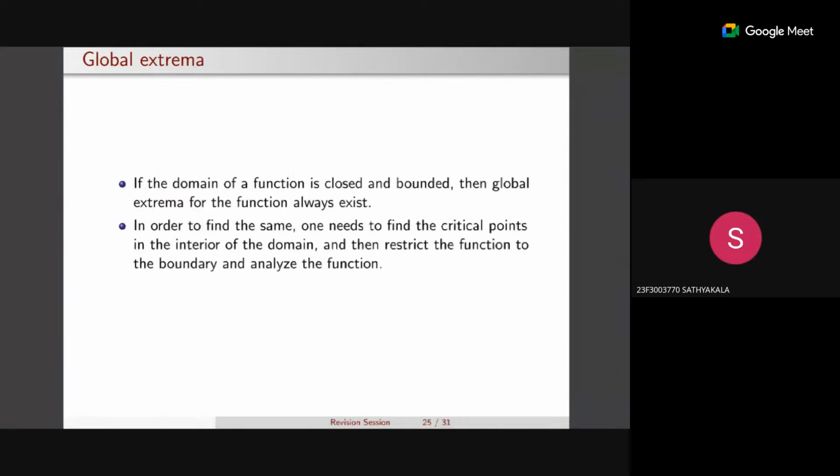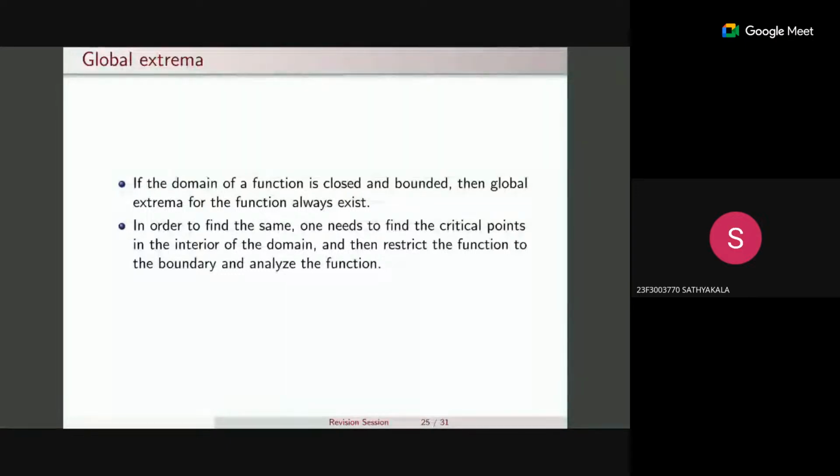So, a note on global extrema. If you want to find the global extrema for a given bounded and closed domain, then what you need to do is analyze critical points in the interior. Typically for partial derivatives, if you have a domain which looks like this, at a boundary point you cannot really talk about the x partial derivative or even the y partial derivative.